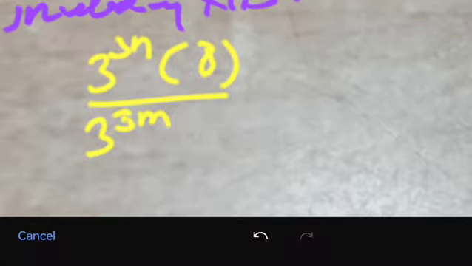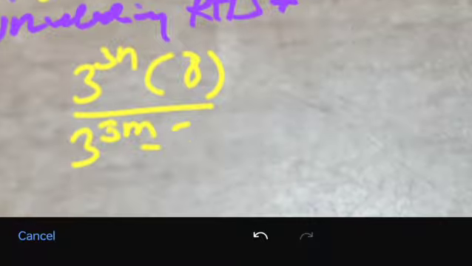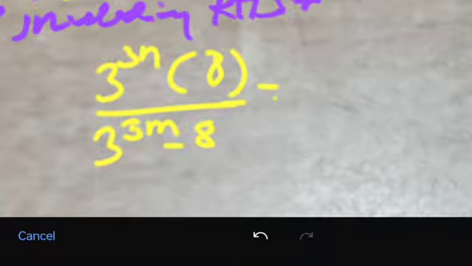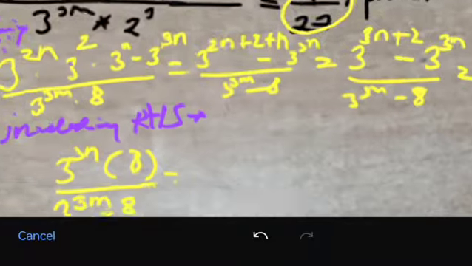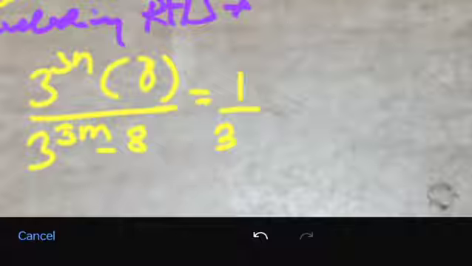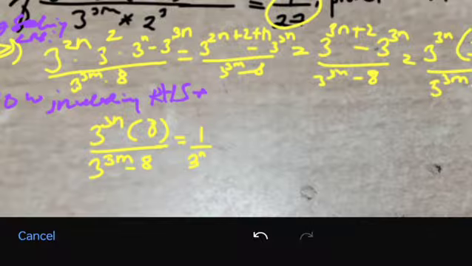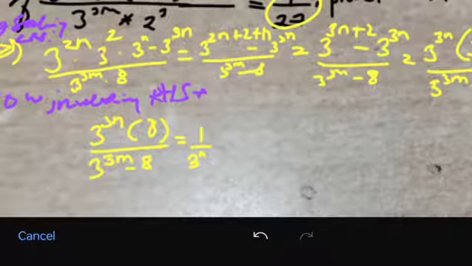Well, it would equal to, what is the RHS? It is 1 by 27, so we can write it in this form, 3 raised to the power 3n, sorry.